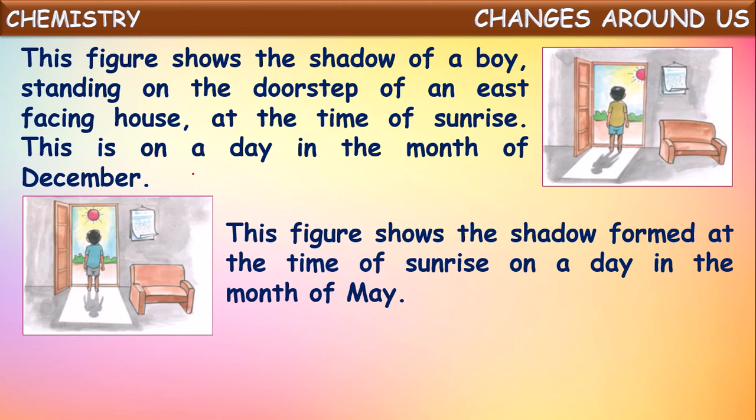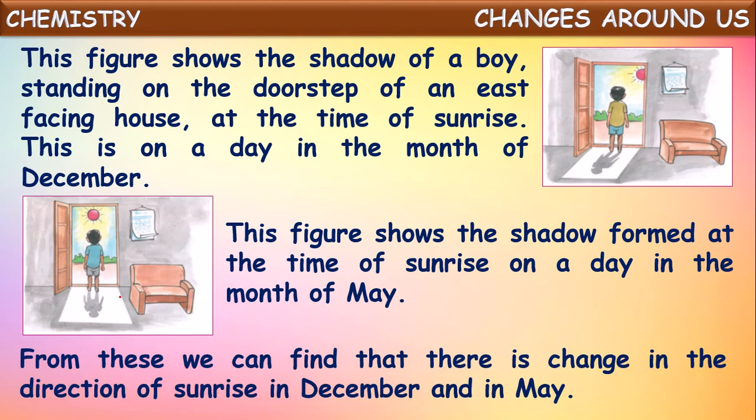There is a slight change in the rising of the sun in different seasons. In December, the shadow is towards the left because the sun rises slightly to the right side, whereas it is exactly in the east direction in May.